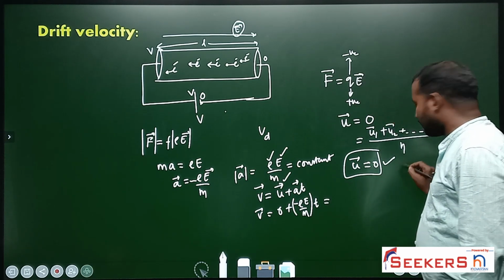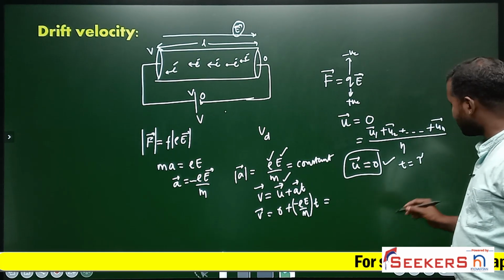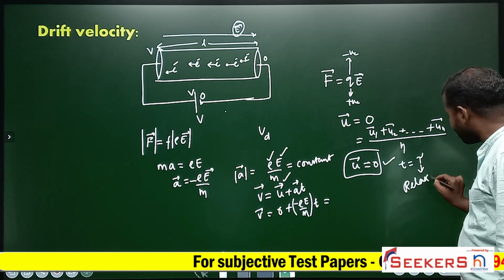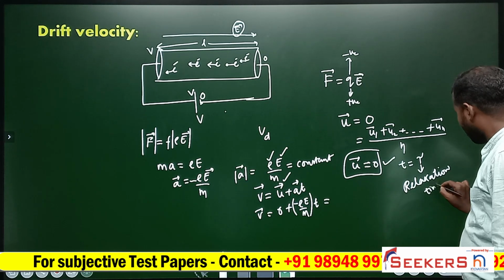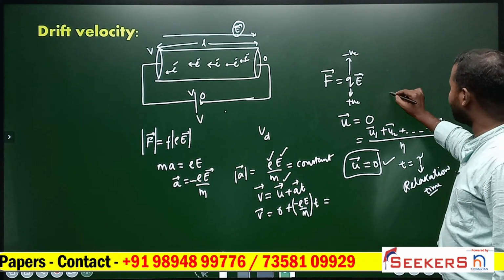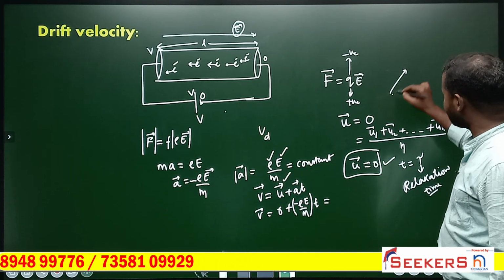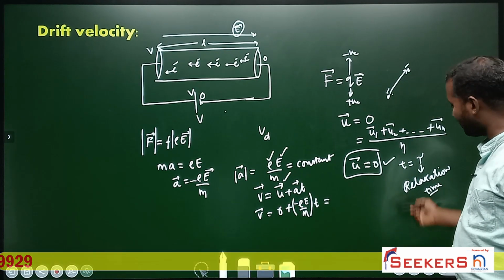Now here, let t be equal to tau, which is called the relaxation time. What is relaxation time? Relaxation time is the time between any two successive collisions. For example, if an electron is going and hitting another electron and so on, how much time it has taken from one collision to another is nothing but the relaxation time.